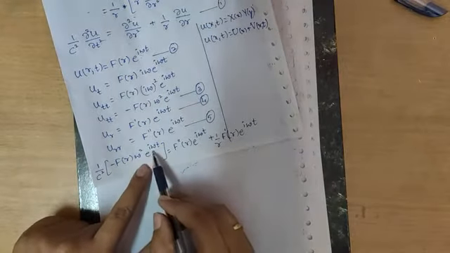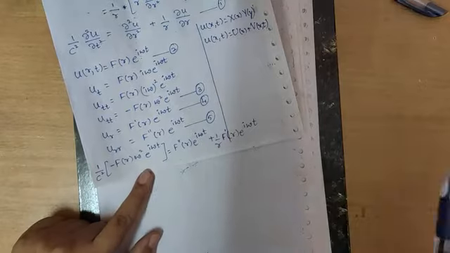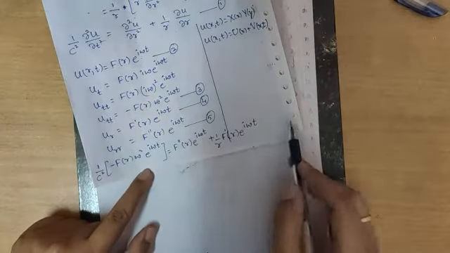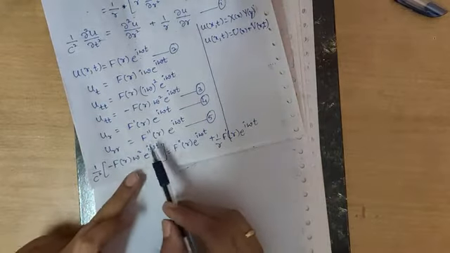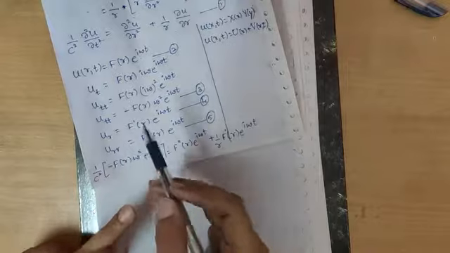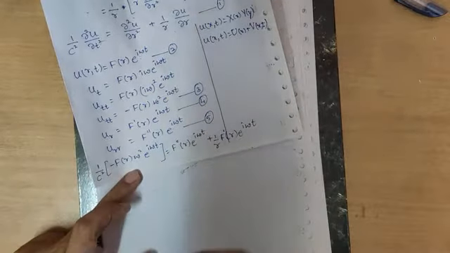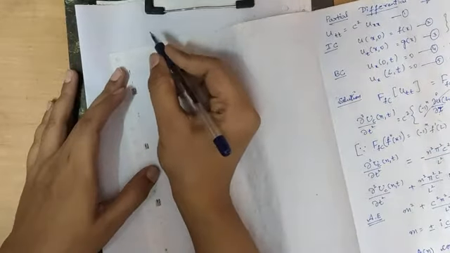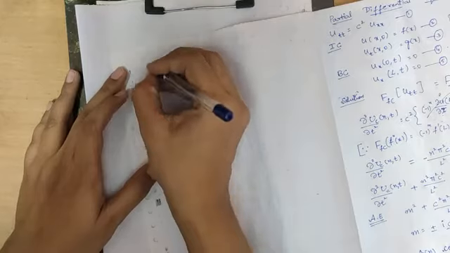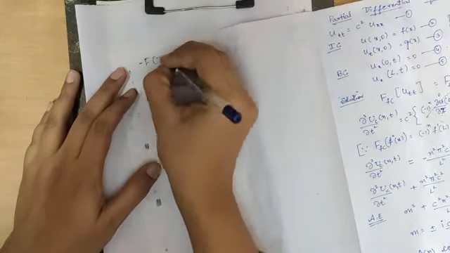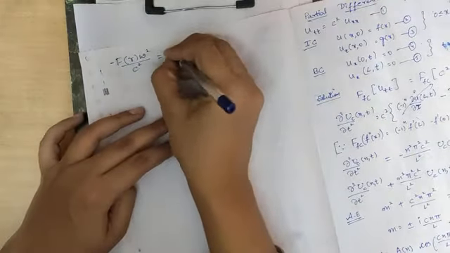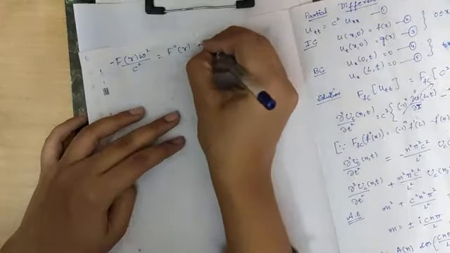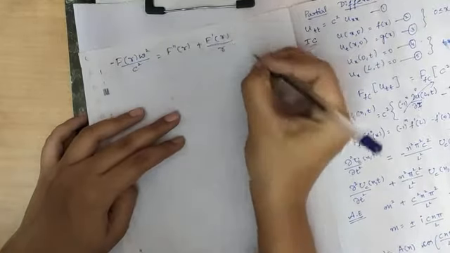Since you have e power i omega t in all the terms, you can divide both sides of your equation by e power i omega t, or else you can take that out on both sides and cancel. So if you divide both sides by e power i omega t, it will be minus f of r omega square by c square is equal to f double dash of r plus f dash of r by r.